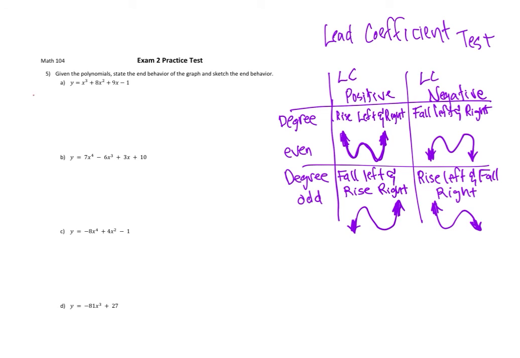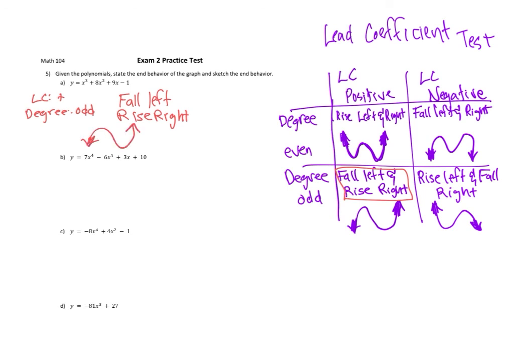So in this case, my leading coefficient is positive and my degree is odd. So that means that we are going to fall left and rise right. And our graph will look something like this. I'm just taking the sketch directly from the chart.